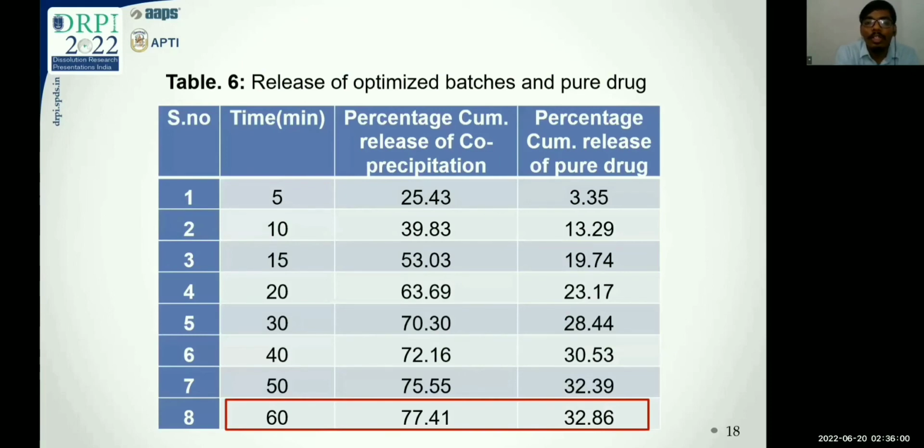This table shows the percentage cumulative release of the co-precipitation prepared drug and of the pure drug.